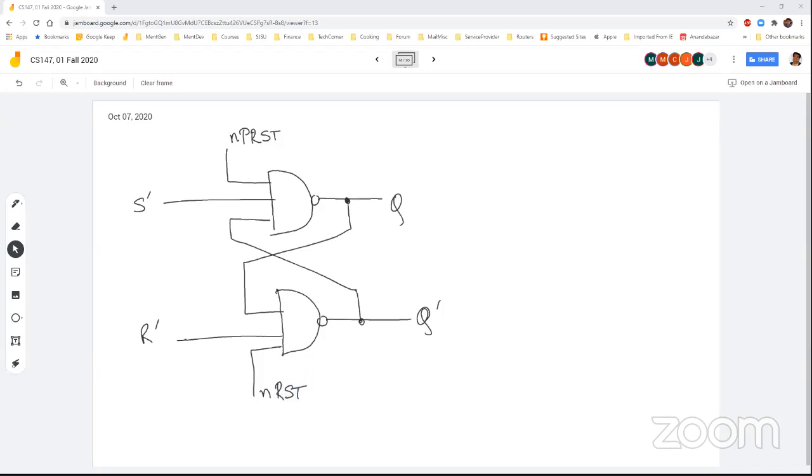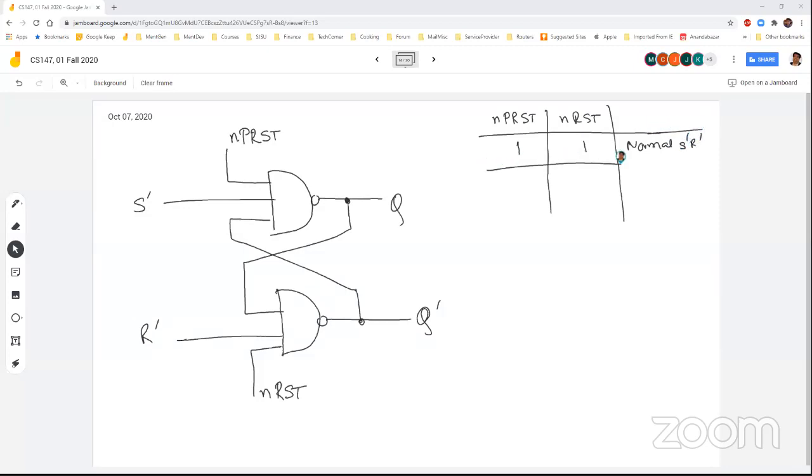What we are claiming is, preset and reset, if both are 1 1, it is a normal S bar R bar function, right?